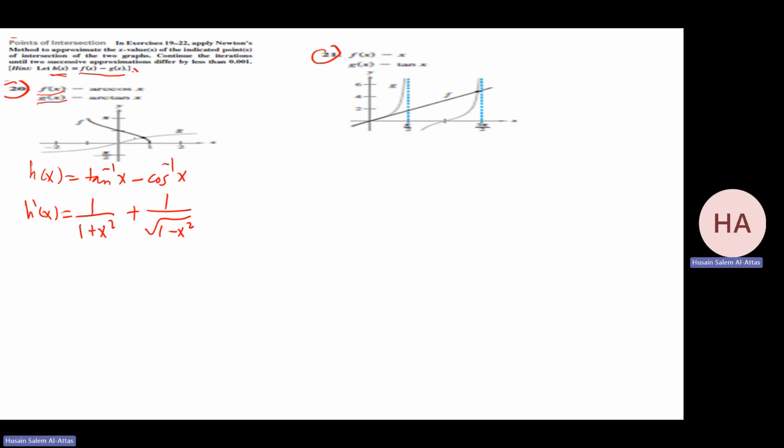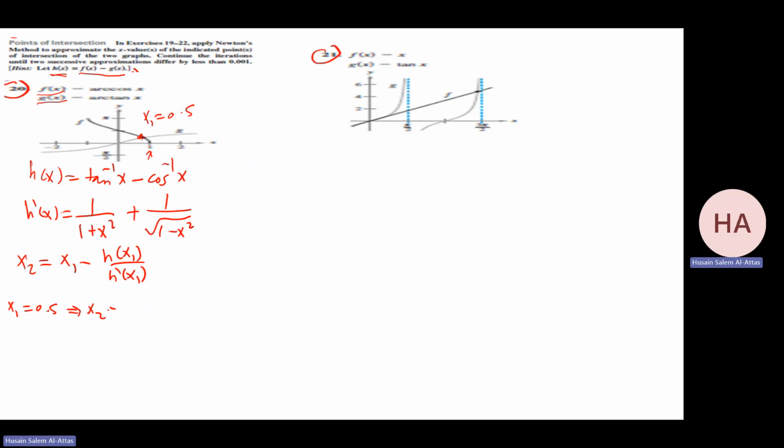And for the starting point, the domain ends at 1, so my starting point will be 0.5. So plug in 0.5, I plug it in this: x2 equal x1 minus h of x1 over h prime at x1.